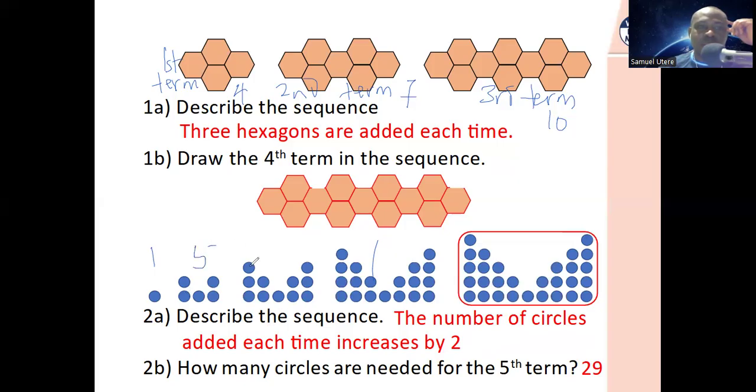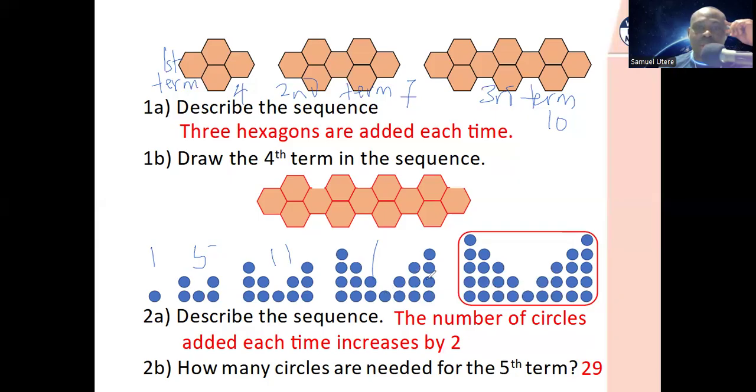Then I can see that this is 1, 2, 3, 4, 5, 6, 7, 8, 9, 10, 11. So the number of circles you add every time is increasing by 2. Here we added 4, which means here we'll add 6, which means the next one I need to add 8.